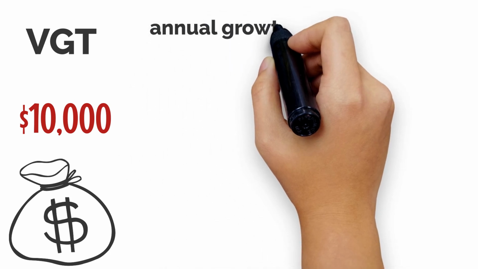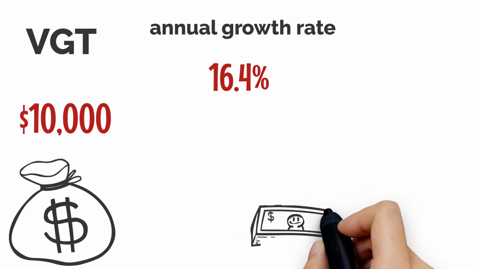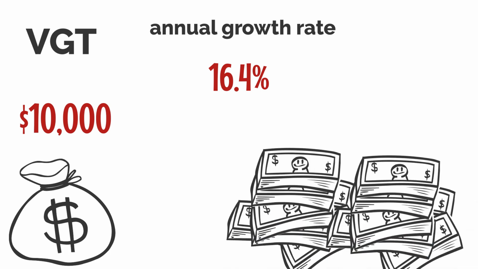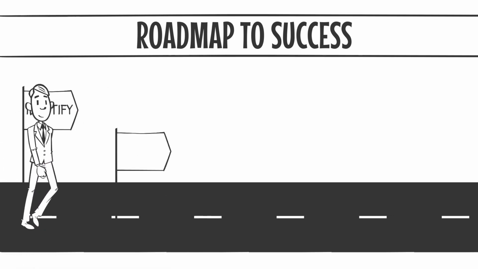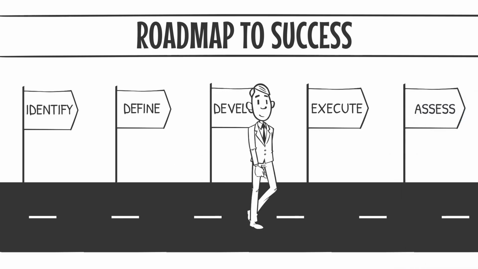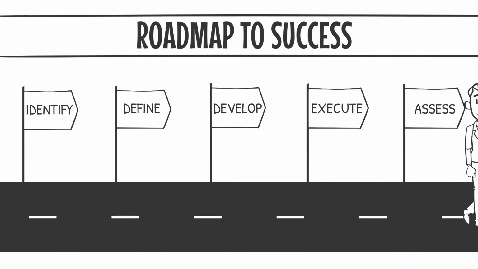Assuming an average annual growth rate of 16.4%, your investment could grow significantly over time, reflecting the dynamic and fast-paced nature of the tech industry. While the journey might involve more ups and downs compared to SCHD, the potential for high returns makes VGT an attractive option for growth-oriented investors.